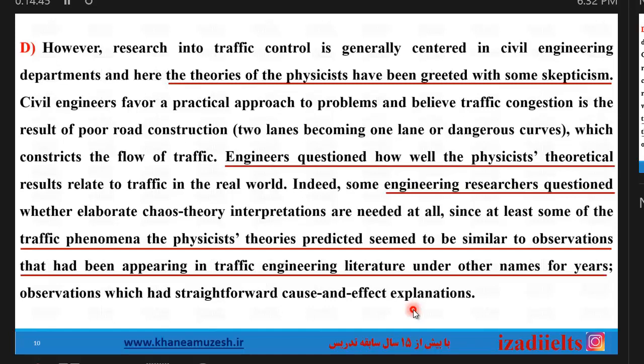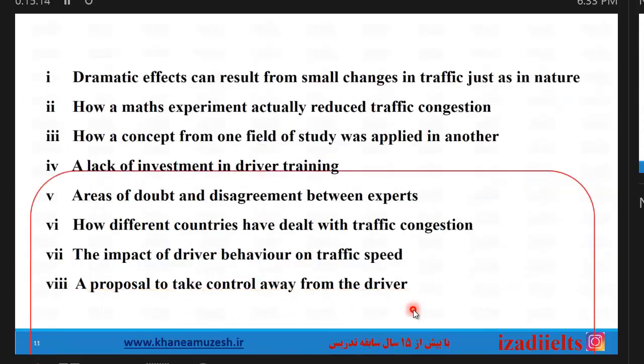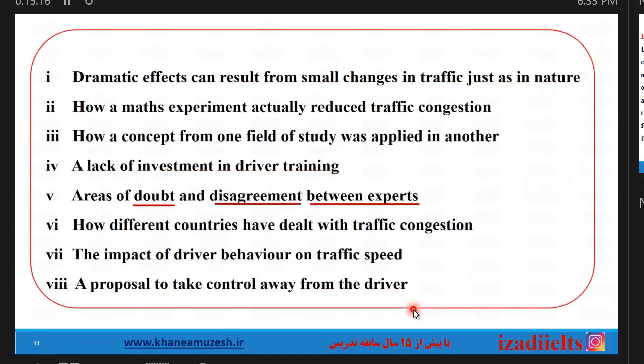See, the tone of this paragraph from the very beginning up to the end proves that that heading is the best match for this paragraph. Exactly. Skepticism, engineers questioned, physicist theories. Areas of doubt and disagreement between experts.